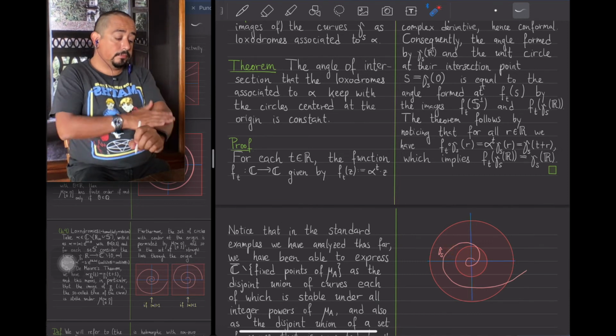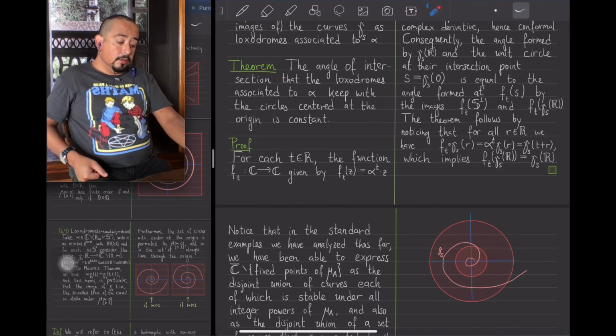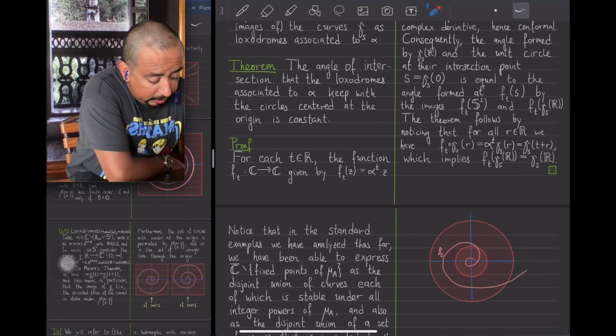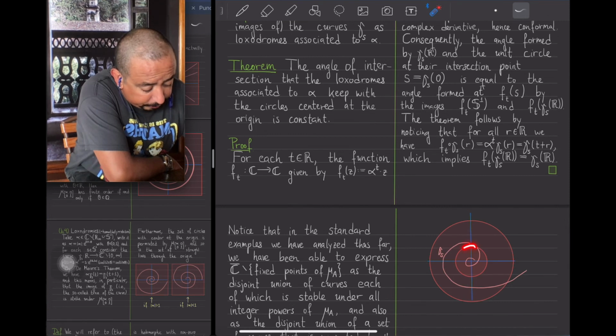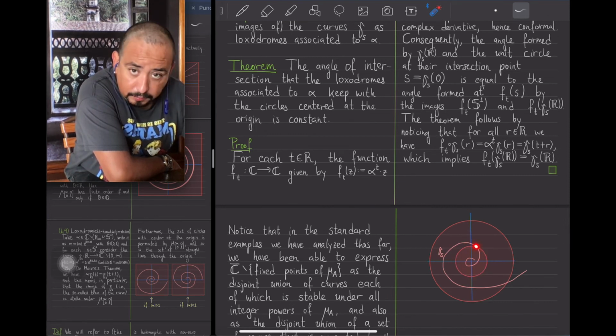Okay, so what I'm going to do is look at the unit circle, look at this point of intersection, and then I have this angle between the unit circle and the loxodrome.